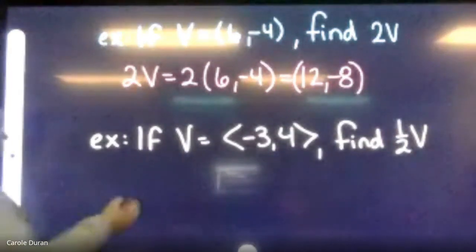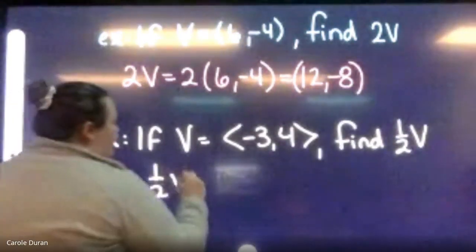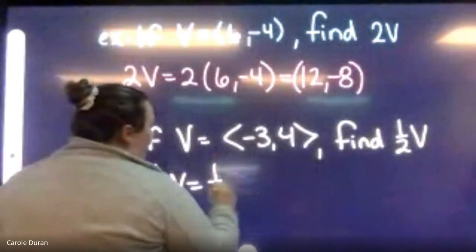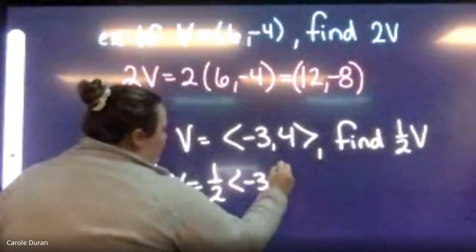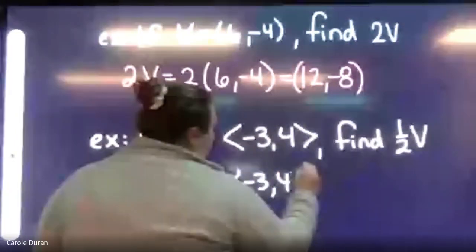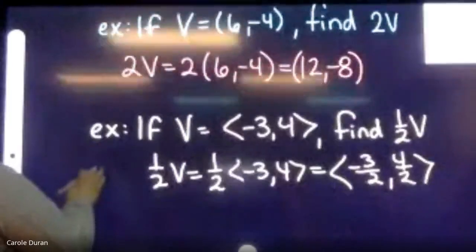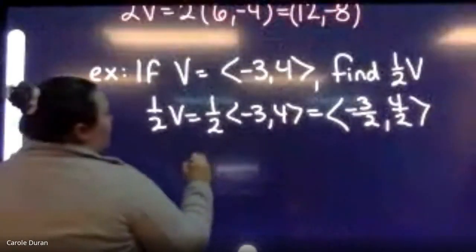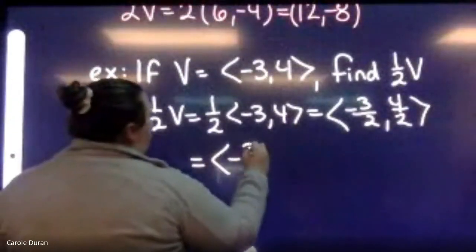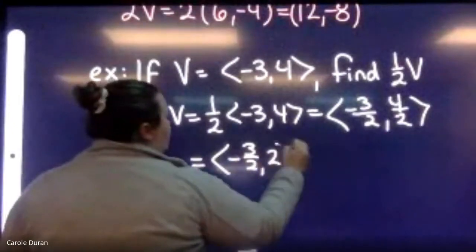So 1/2 v equals 1/2 multiplied into both coordinates in my vector, which becomes each of my coordinates over 2, and then simplified if possible. So my new vector is equal to <-3/2, 2>.